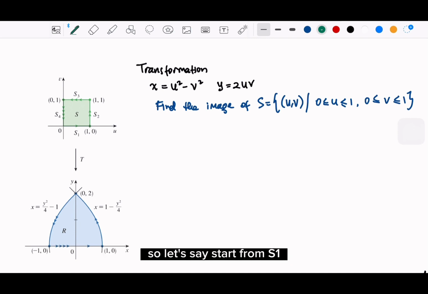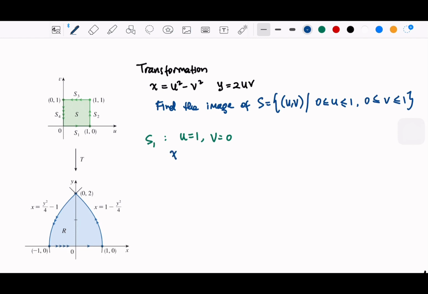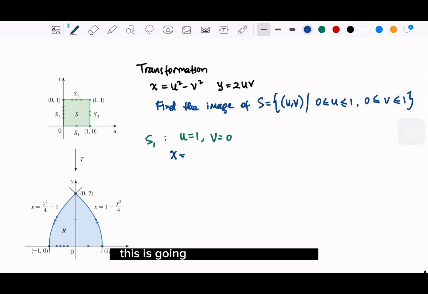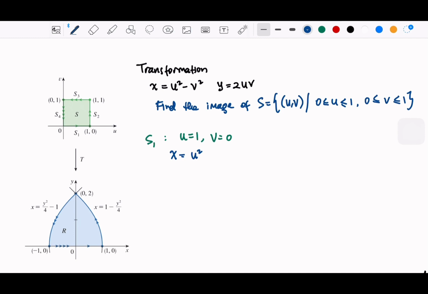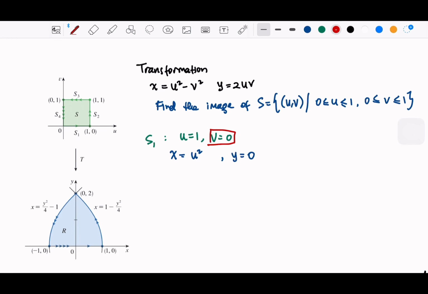So let's say start from S1. S1 is U is 1 and V is 0, right? Which means that in our transformation for the X, this is going to be U squared, okay? And then Y will be 0. Okay, so we take V equals 0.